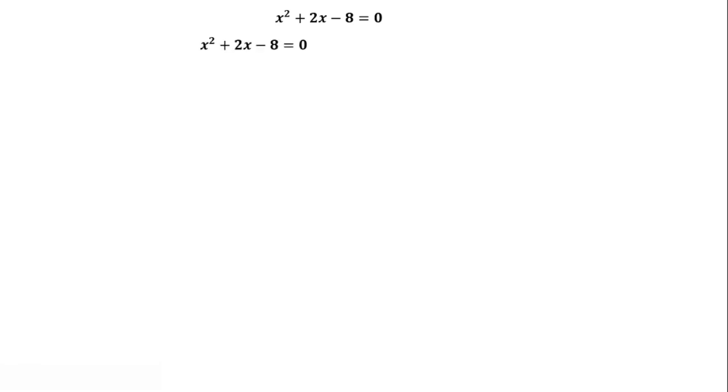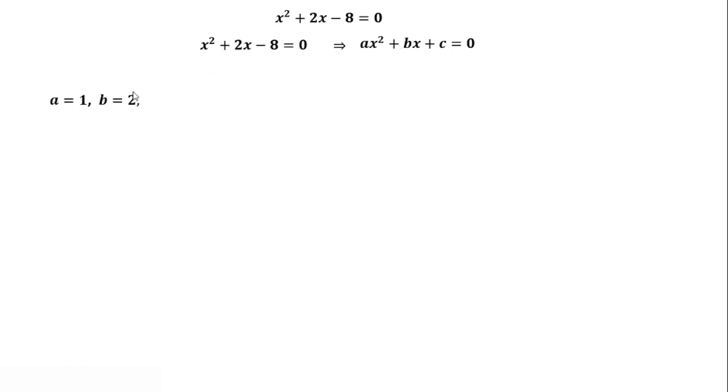So comparing x squared plus 2x minus 8 equals 0 with ax squared plus bx plus c equals 0, we have a to be 1, since we have 1x squared. So a is equal to 1. b is 2.